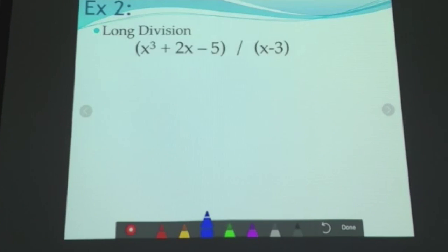Okay, so example 2, let's do one more long division. So take a second, write that down, set up your paper.